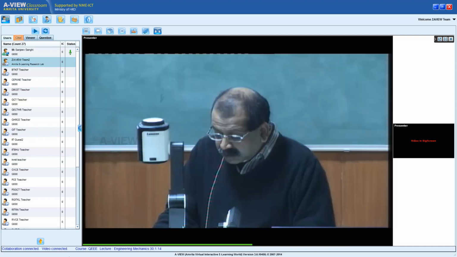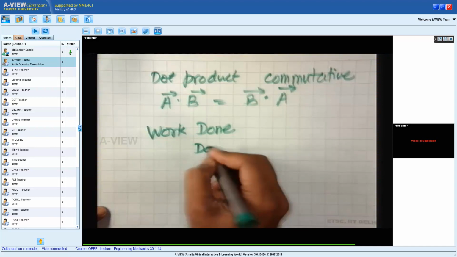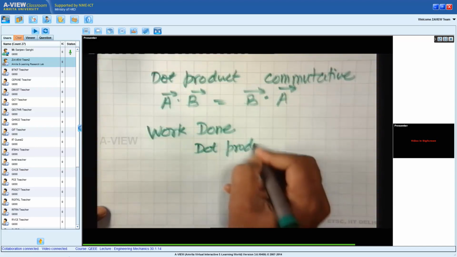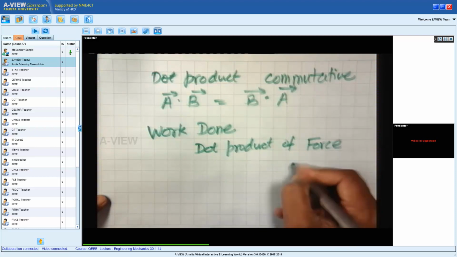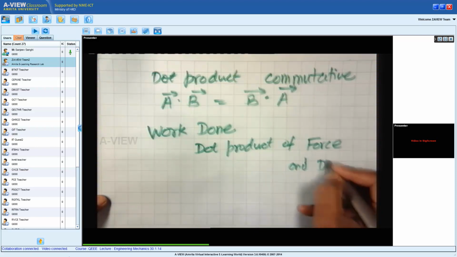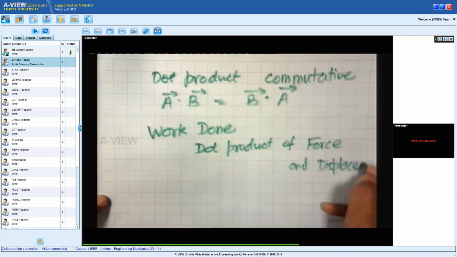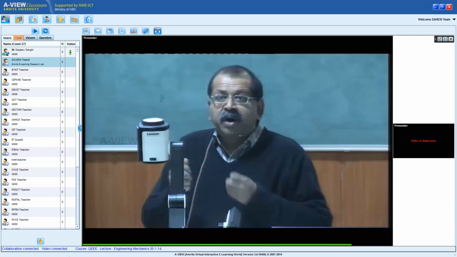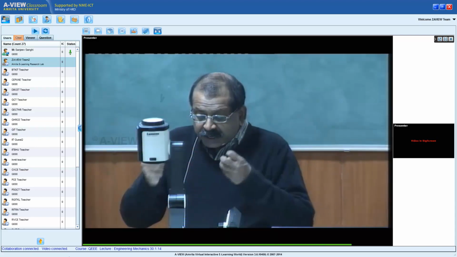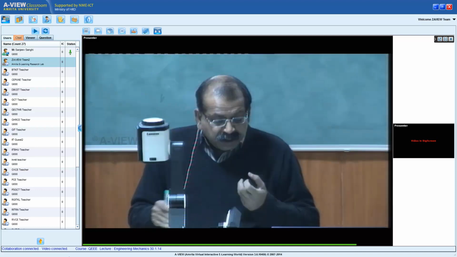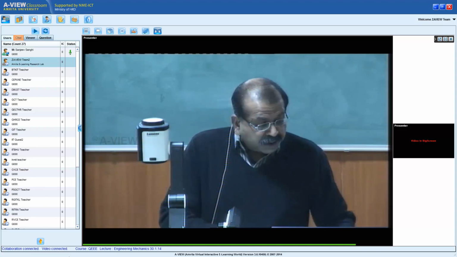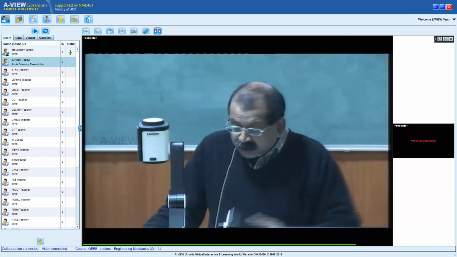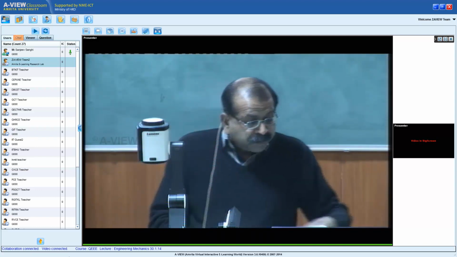And work done is defined as the dot product of force and the displacement caused by this force. That is what we call the work done by the force. So if we take a dot product of these two quantities, that gives us the work done. And so the dot product we are discussing now is an important quantity in mechanics.